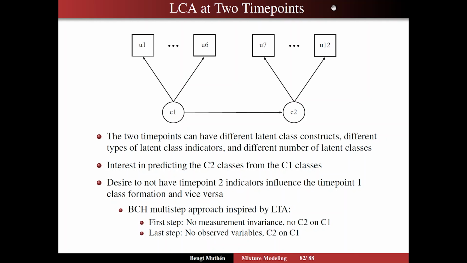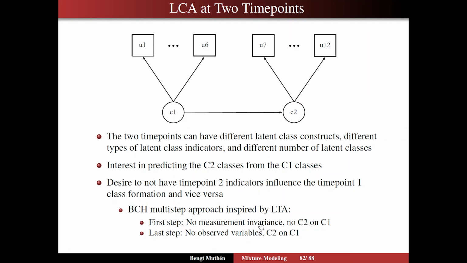So you can think of this whole thing here, the latent class variable out here, latent class model out here, as a distal outcome part of the model, where the first step relates to the first time point measurements. We're going to talk about the BCH multi-step approach inspired by LTA, where the first step is going to have no measurement invariance, because we are talking about different types of latent class constructs and different types of latent class indicators. Measurement invariance would not make sense.